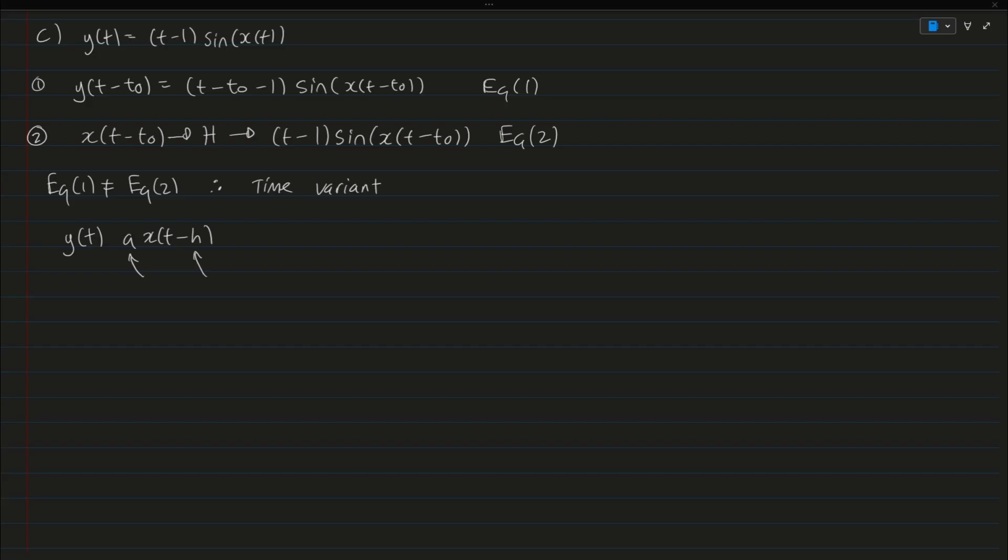You should always prove it to double check, but if a and h are constants, then it should always be time invariant. But if you have any other operations, it could still be time invariant, but you have to double check. You have to write out the whole proof.